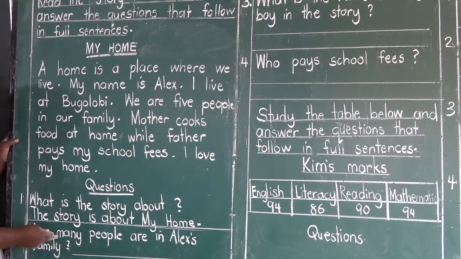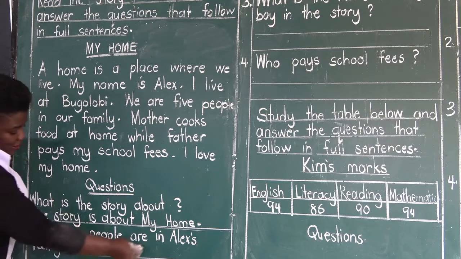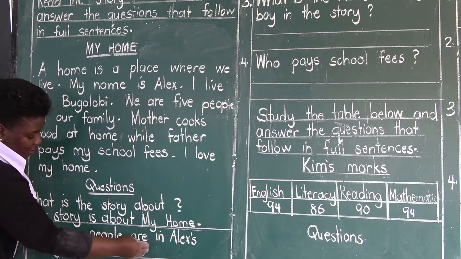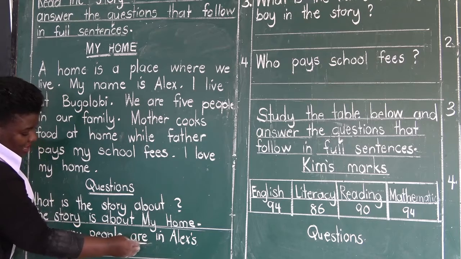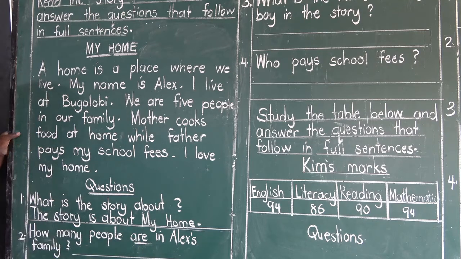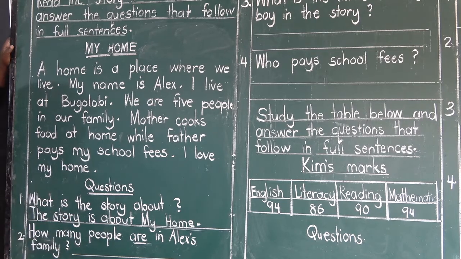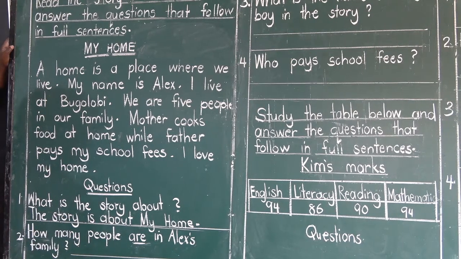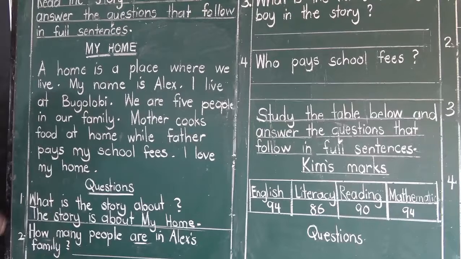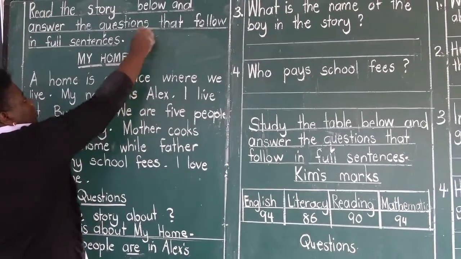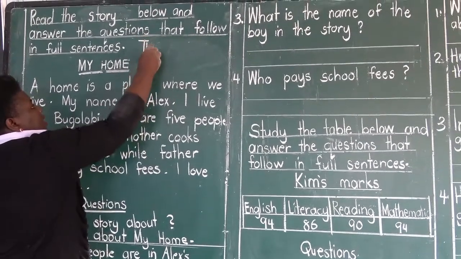So, how many people are? When you see this word are in your question, just know you're going to begin with the word there are. How many people are in Alex's family? So we shall say there are. But which there are we talking about? We have this.